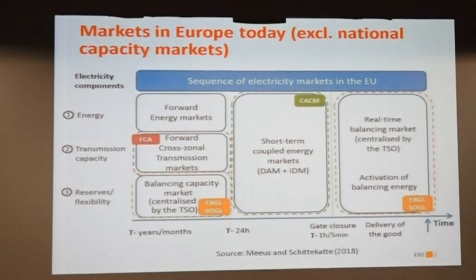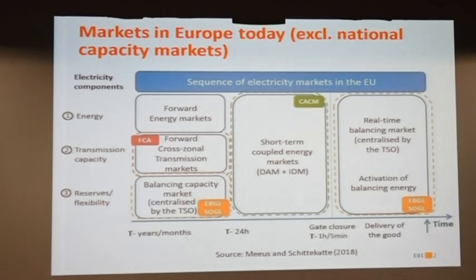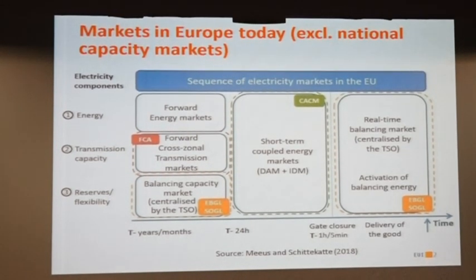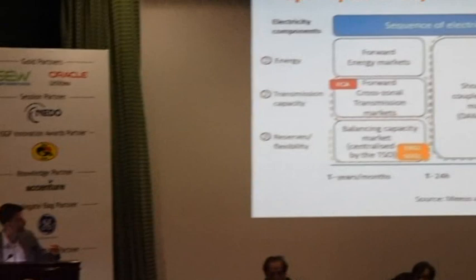So going from far behind, from several years, I think we have forward energy markets with contracts like 4 years ahead, 5 years ahead maximum, mostly only 1 year ahead. We have forward cross-zonal transmission markets to hedge between different bidding zones, because these forward energy markets are set on the price within a bidding zone. I will go back to bidding zones after.